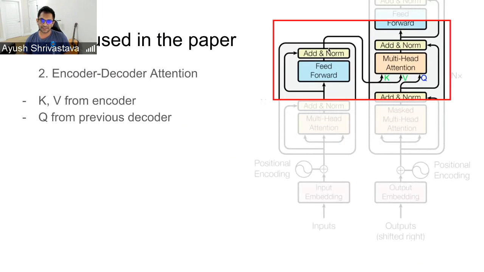So the output from the encoder is interleaved with the output from the previous decoder state, so that they can mix information here. This is the only point of interaction between the encoder's output and the decoder.